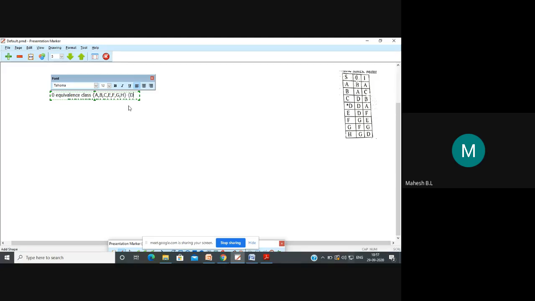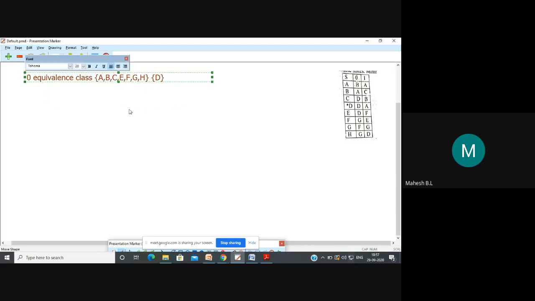Then B is a separate class because it is the accepting state. So initially we have it like this: A, B, C, E, F, G, H, and then D is a separate class.